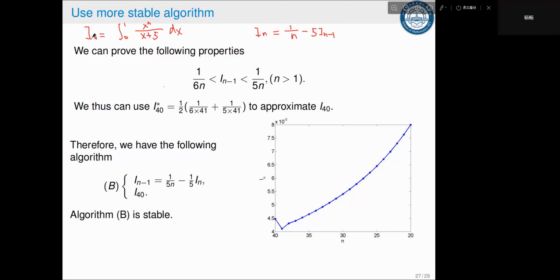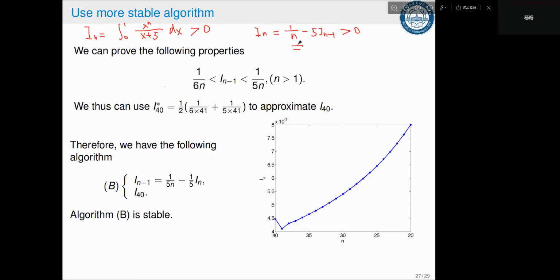You will find this function is positive for x between 0 and 1, so such an integration is larger than 0. So that means this one is larger than 0.